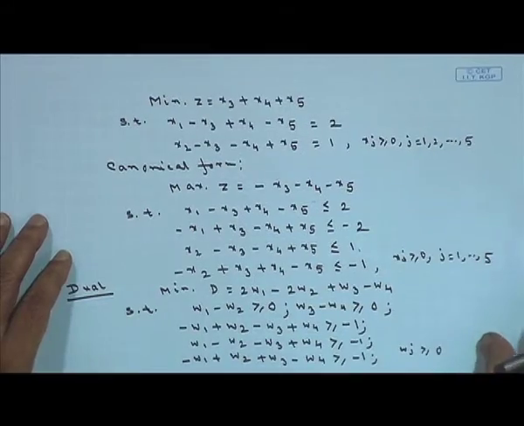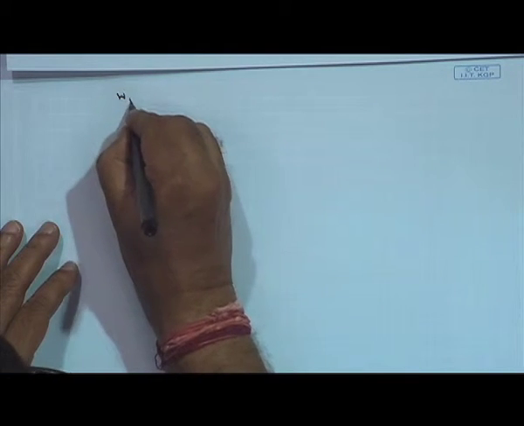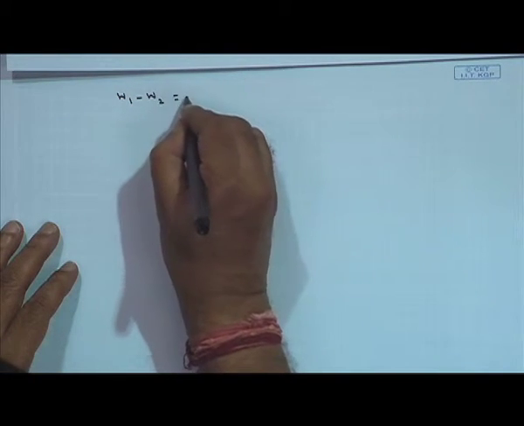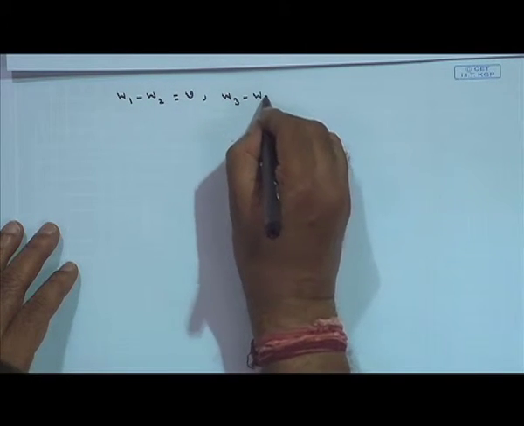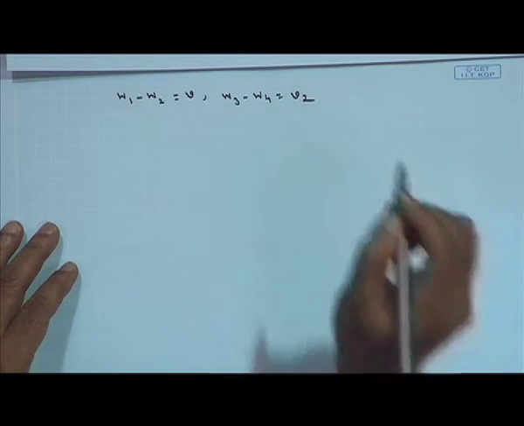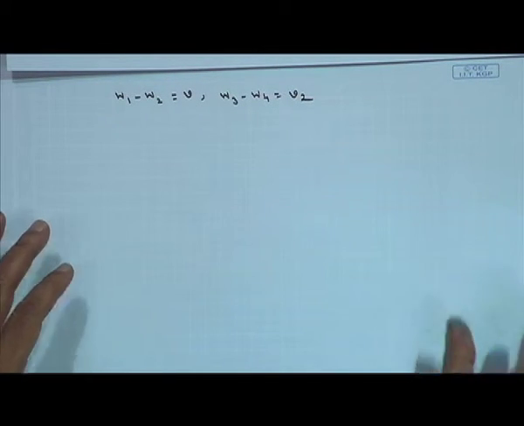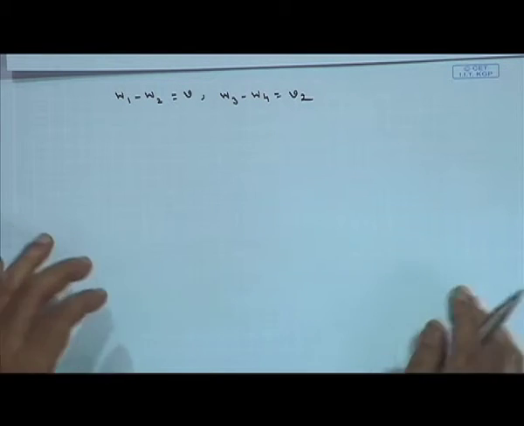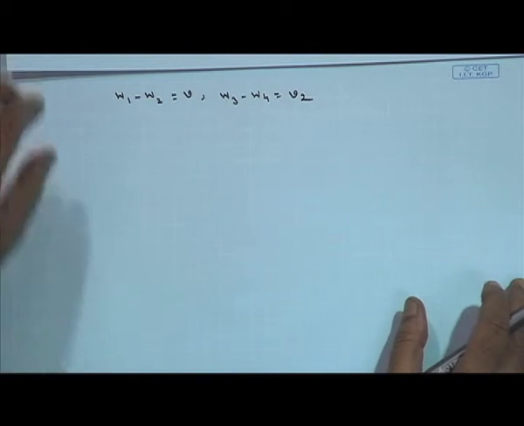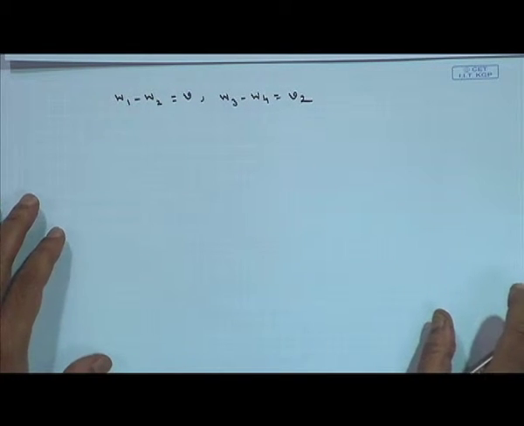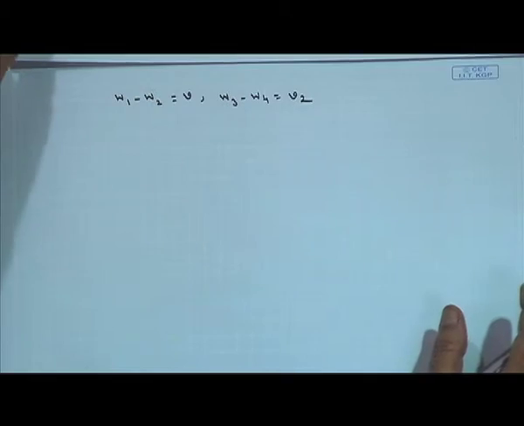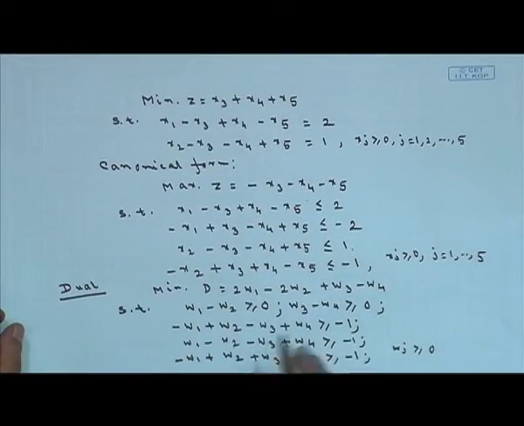In this problem, I can assume that W1 minus W2 equals V1 and W3 minus W4 equals V2. So, from here the Wj's are greater than or equal to 0, and W1 minus W2 is greater than or equal to 0.